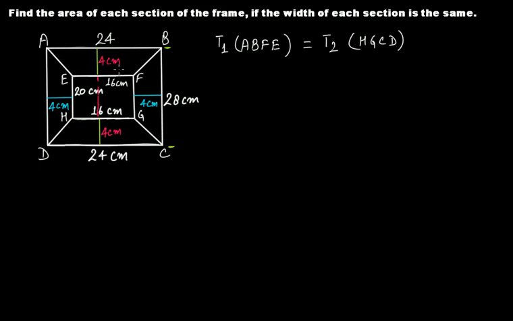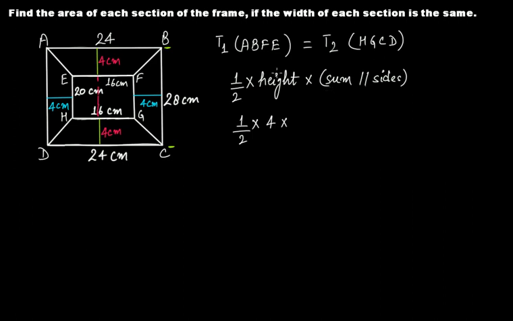Now, in order to calculate the area of a trapezium, we have a general formula that says half multiplied by height multiplied by the sum of the 2 parallel sides. So half, what's the height in this case? 4 centimeter.